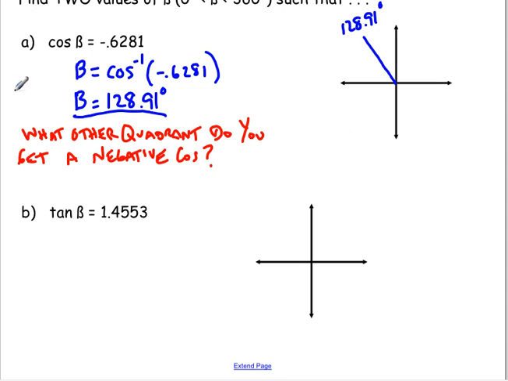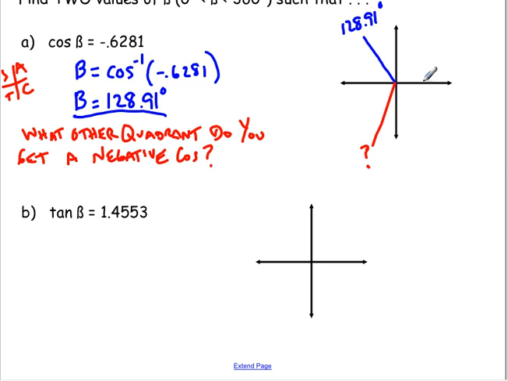Remember your little picture here. So cosine is negative in the second quadrant and in the third quadrant. So it would also be negative here. It's going to be a nice perfect reflection over the x-axis. So we have to figure out what is that angle right there.